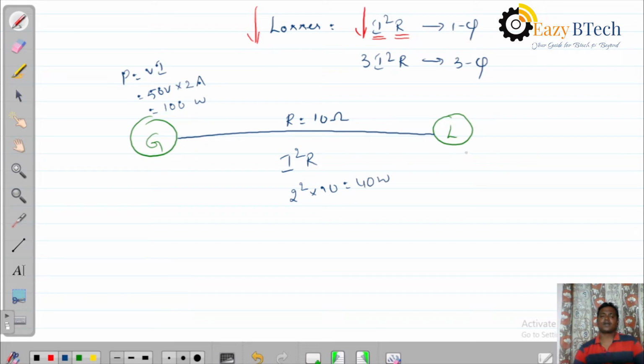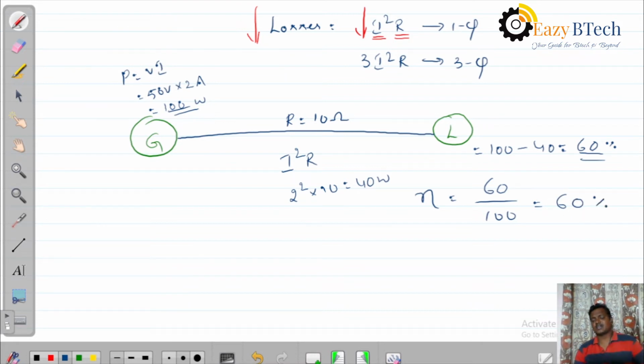Then the output, power at load, equals 100 minus 40, we get 60. Therefore, efficiency of this transmission system is 60 by 100. Output is 60 and input is 100. Therefore, we get 60% efficiency. Can we say this is an effective transmission system? No, it is not at all an effective transmission system.